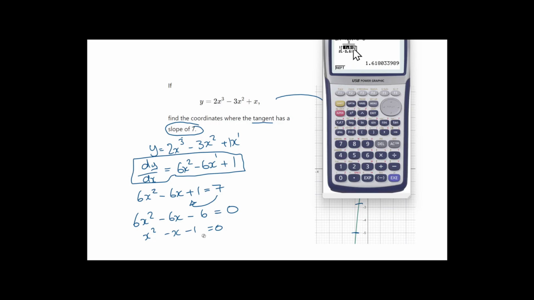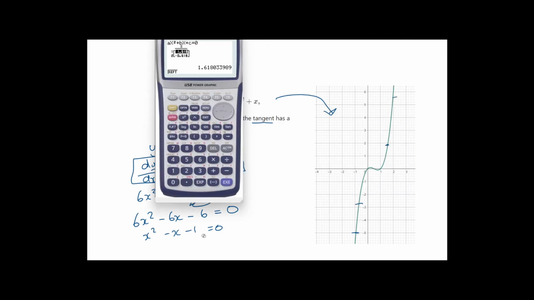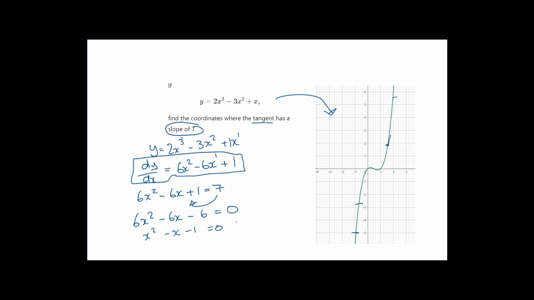And here we have our 2 answers. Our first answer is 1.618, which is about there. So that's where the gradient is 7, and the other one is at minus 0.68, so it is about there. That's where the gradient equals 7.